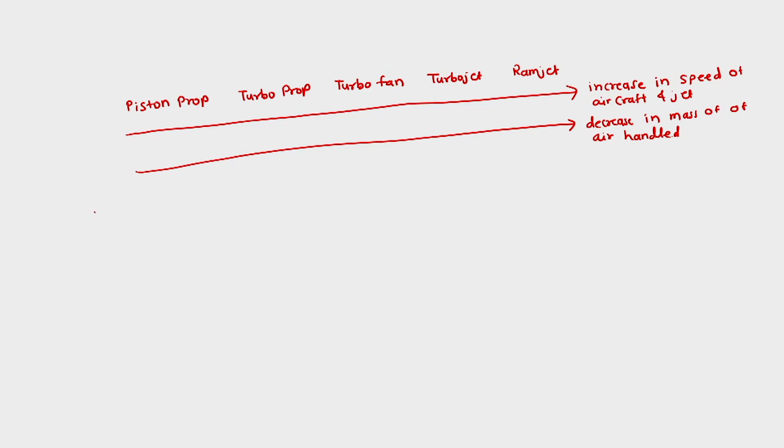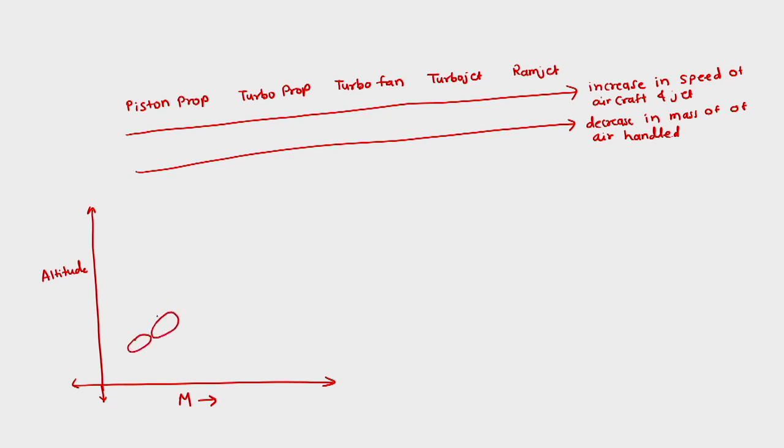So if we plot a graph of altitude versus Mach number, where Mach number is defined as the speed of the aircraft divided by the local speed of sound, this is turboprop, this is turbofan, and here we will get turbojet.